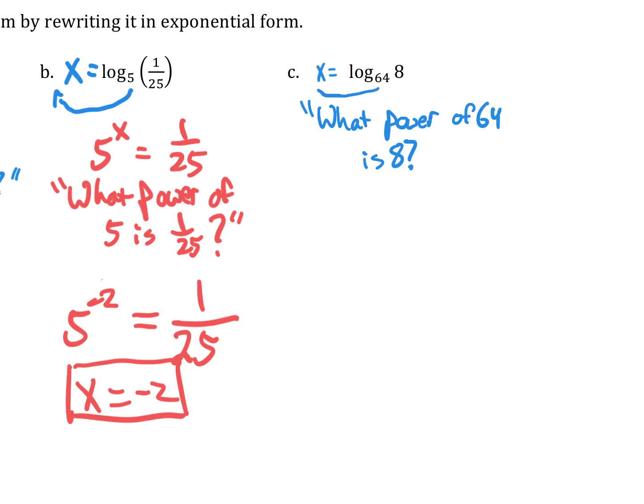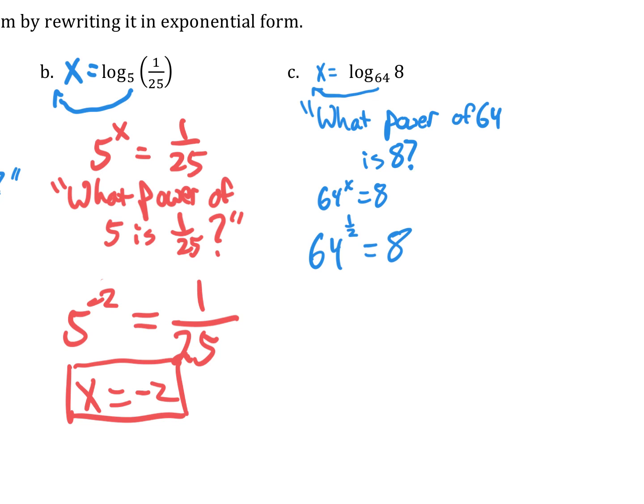We'll swing that base around. 64 to the x equals 8. And we've got to think, well, what do we do to drop a 64 down to 8 with an exponent? Well, remember those square roots? That's the connection. What power means a square root? Well, that's a half power, right?